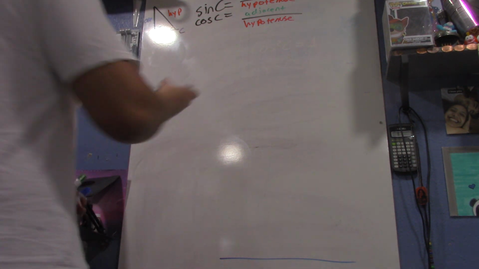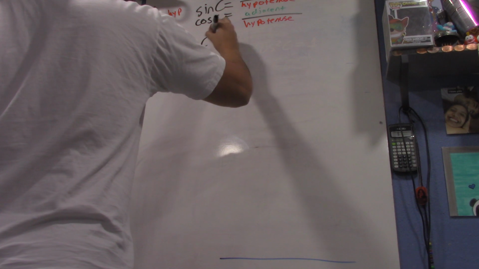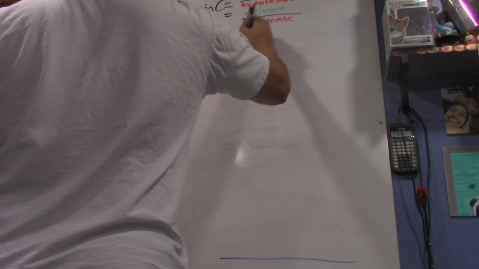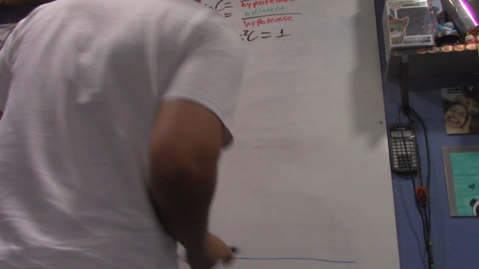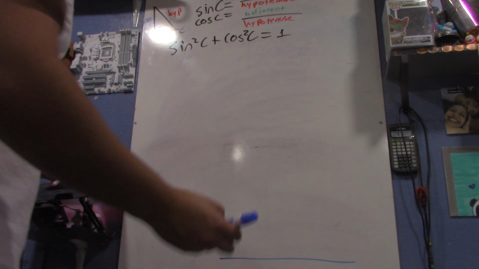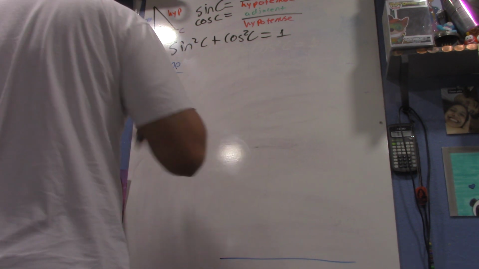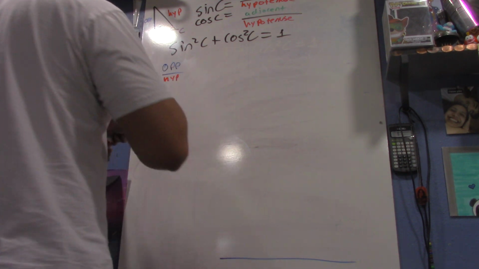Now, like I said earlier, when we have sine squared of any value, in this case C, the sine squared of this angle C, plus the cosine squared of our value C, it's always going to equal 1. What this means is that for any set of side lengths of any right triangle, we have the opposite divided by the hypotenuse, these are side lengths, right?